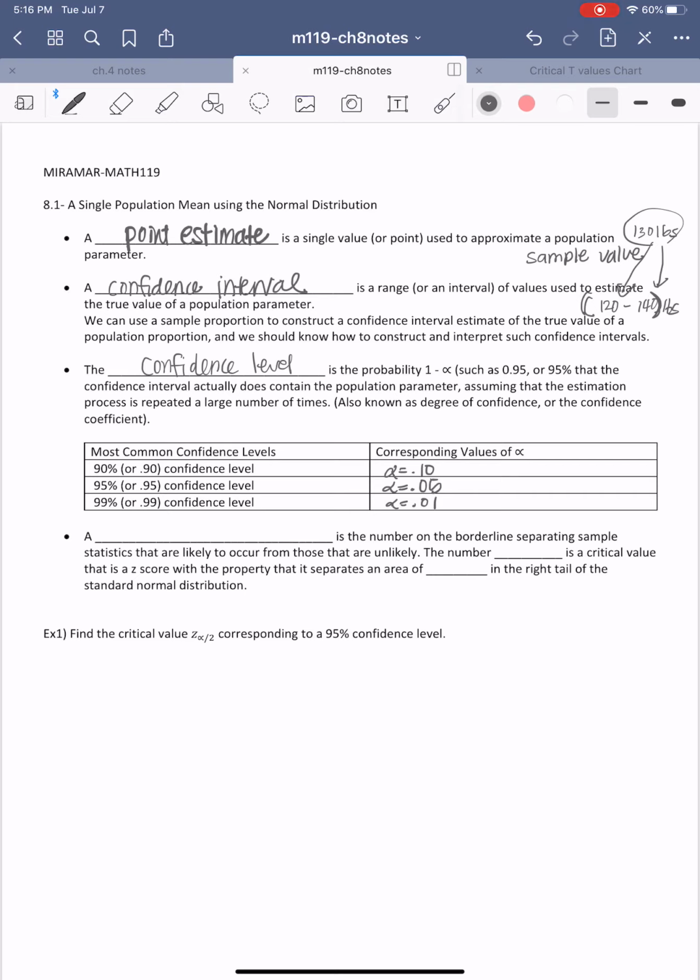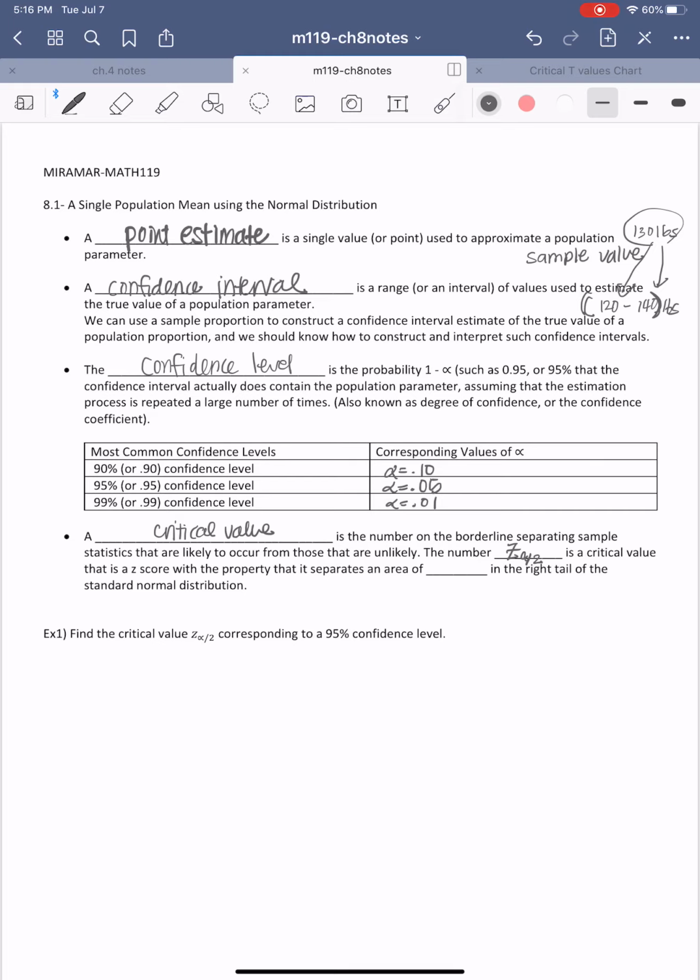The last one, critical value, is the number on the borderline separating sample statistics that are likely to occur from those that are unlikely. So basically this part right here, likely to occur versus unlikely. The number, and this is the notation, we call it z alpha over 2, is the critical value.